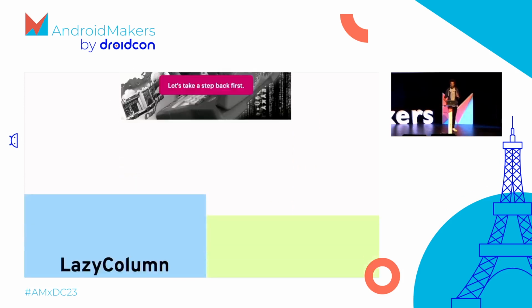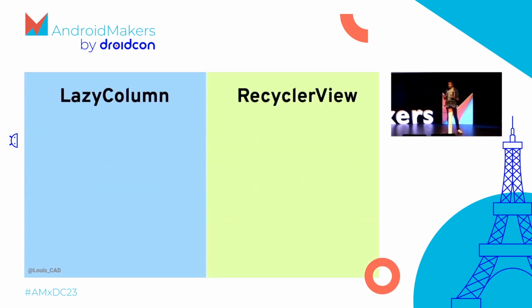But first, let's take a step back and just talk a bit about LazyColumn versus Recycler View, which were two things in my mind. So with LazyColumn, you have a simple and high-level API out of the box. It looks very easy, and it is easy. While on Recycler View, the API is a bit lower level, and by default, it seems complex.